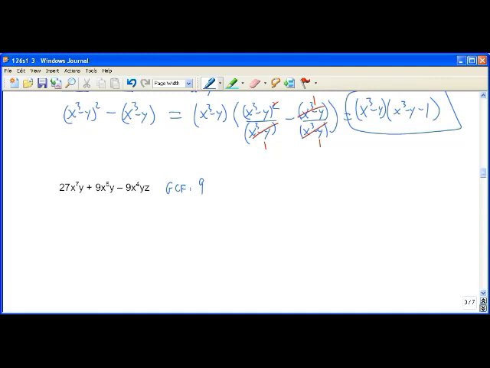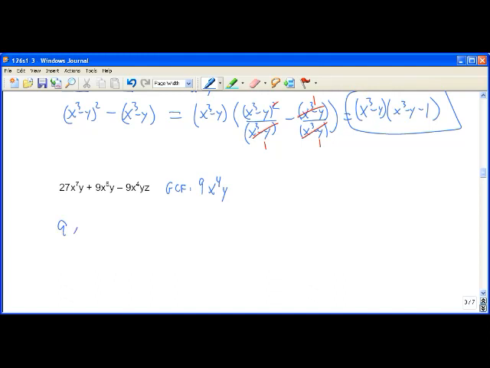What's it going to be? X to the 4th. Good. And then we have a y, a y, and a y. So there's a y. And a z is only in one of them, so we can't pull that out. And Joy, I saw you got that down there too. That's great.